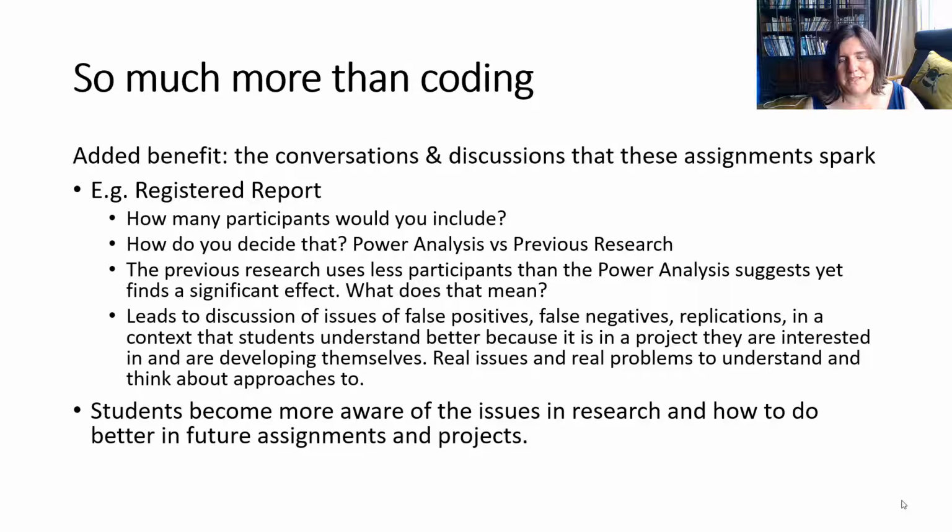And so students also understand this within the context of something that they have control over, because it's a research question that they set, something that they're interested in. And so within that platform, they understand a lot better the things that make research better and that make research reproducible. And students become more aware of these issues in research and how to do better in future assignments and in projects that they then do.